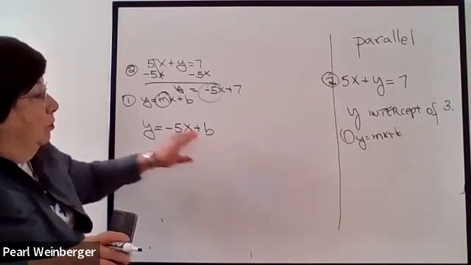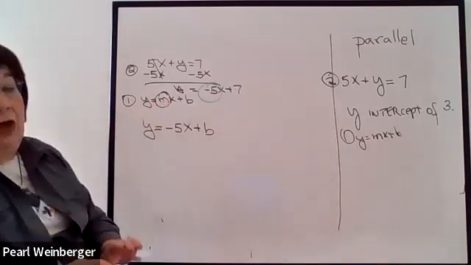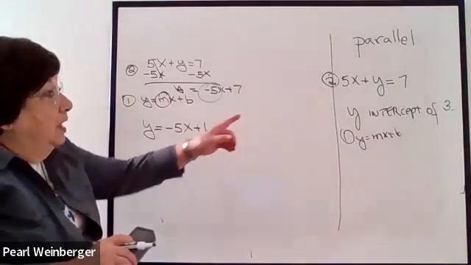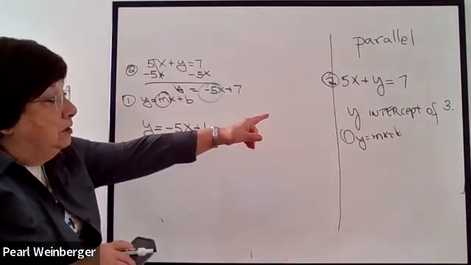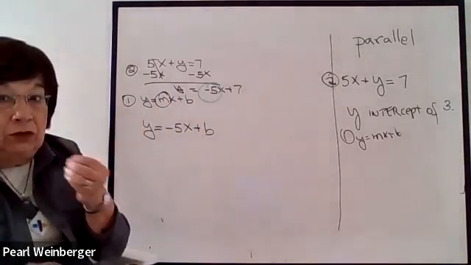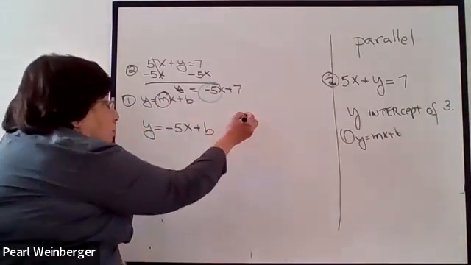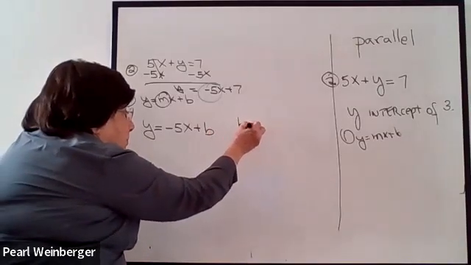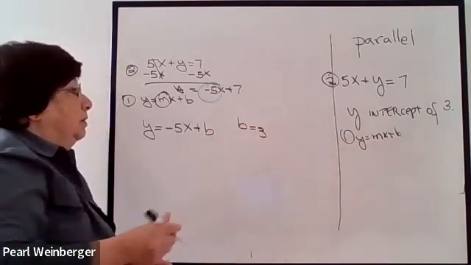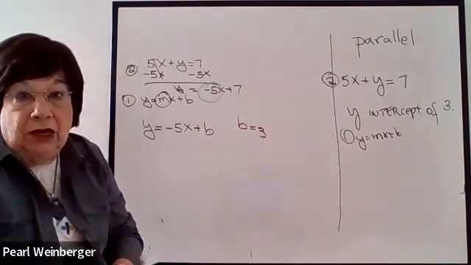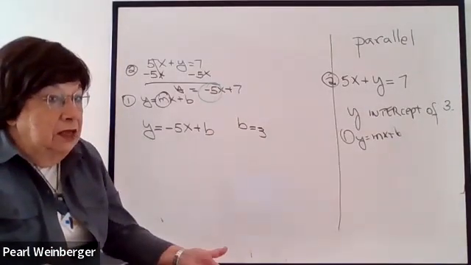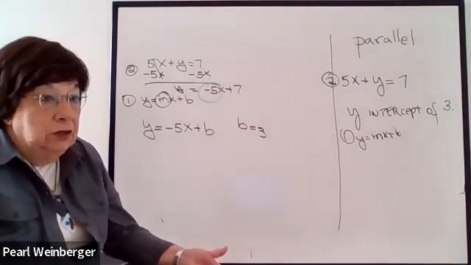Once we fit in the slope, the m, now we work on the b. Now we're really lucky because they told me that the y-intercept of the line that I want to write the equation of is 3. Well, the y-intercept is the b, so it must mean that b is equal to 3. I don't have to do any work because they told me what the y-intercept was.